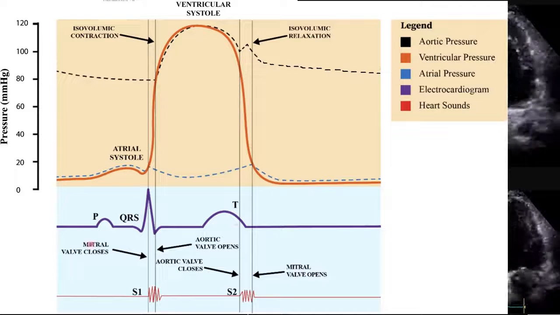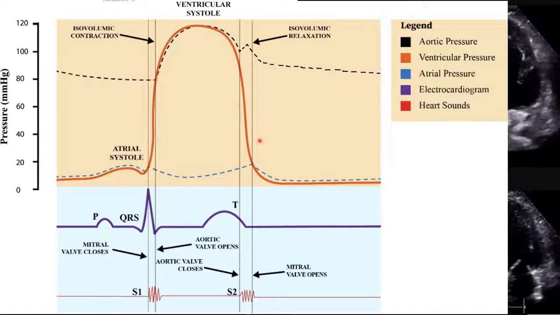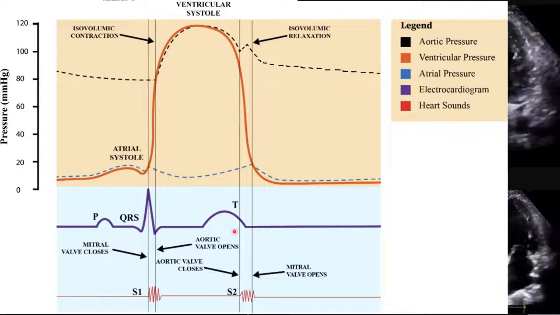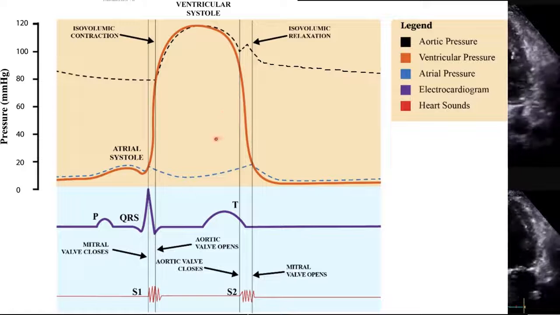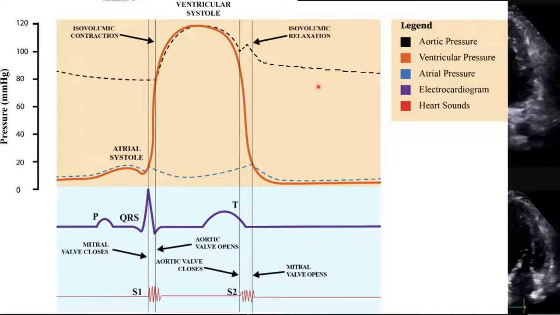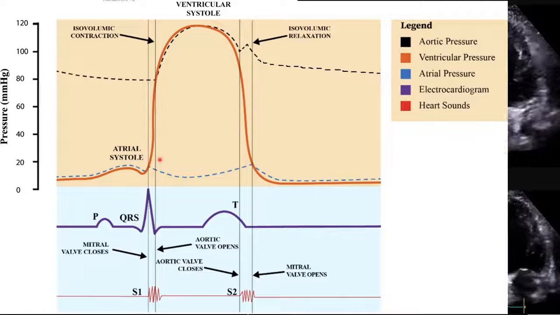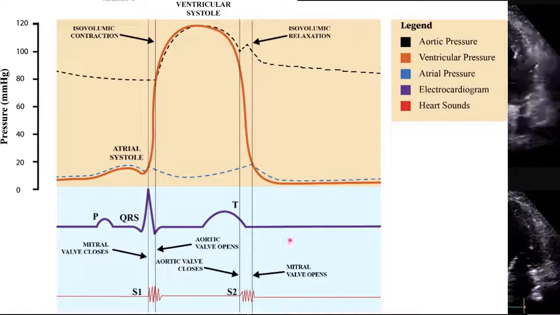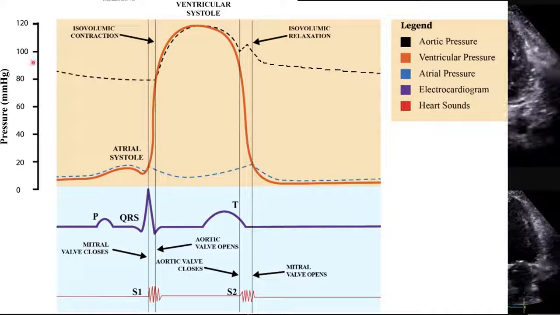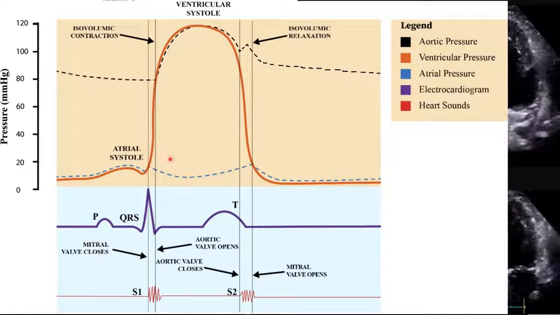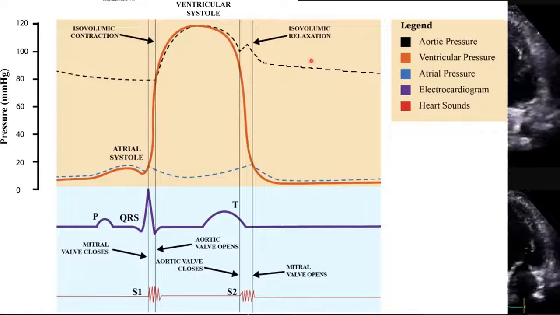Here, all those events correspond with the EKG or ECG, and we always have to remember those changes and how they correspond with the EKG. We have many parameters and components in the diagram. One of them is pressure inside the ventricles, atrium, and aorta.